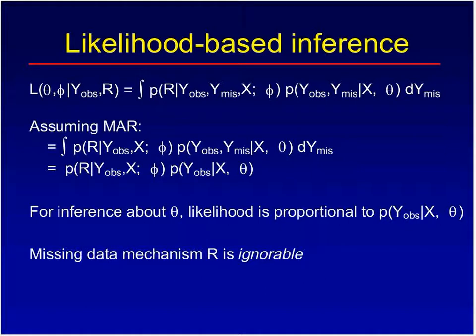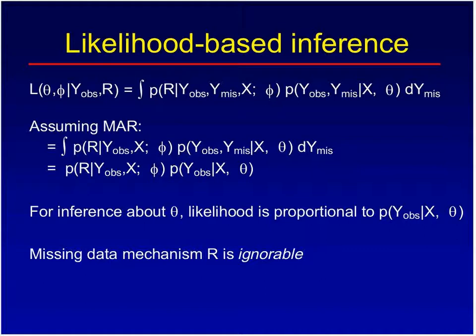If you want to use your observed data likelihood to infer something about the parameter you're interested in, you often start with a full data likelihood and integrate over the missing Y values.